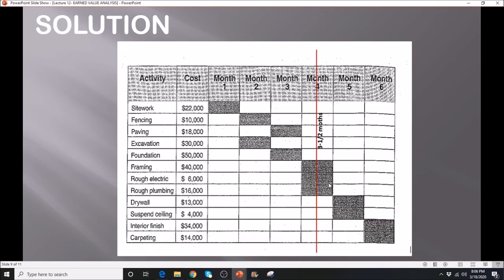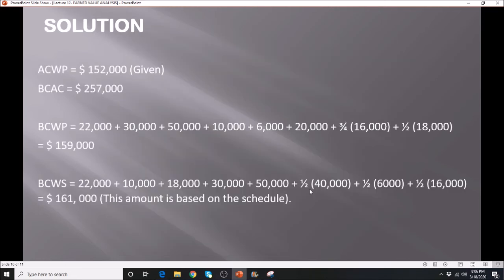And based from here, we have 3 halves: your framing, rough electrical, rough plumbing. That gives you here 1, 2, 3, and this will equal $161,000.